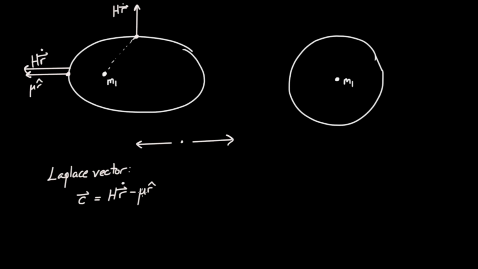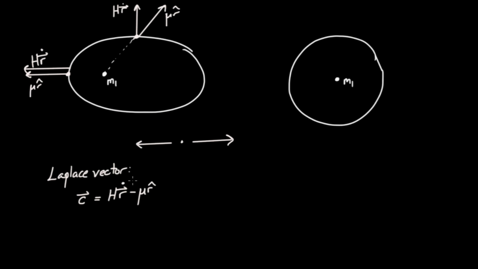Now I'm going to attempt to draw in mu times r hat, but remember that these two have to have a difference which is totally horizontal. So I'm going to draw it from there to there because I know that this vector has to end up being completely horizontal.